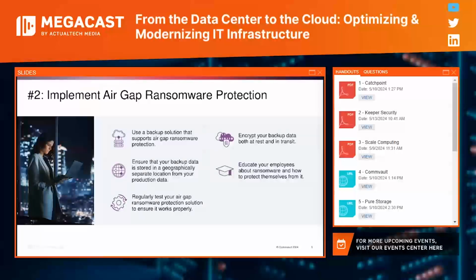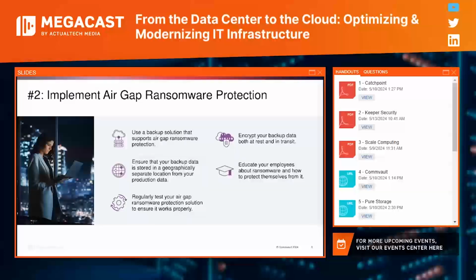This makes it more difficult for ransomware to spread to backups and ensures a clean copy of data is available for recovery. Air-gap ransomware protection is typically delivered as a SaaS solution that can protect both on-prem and multi-cloud data. So this makes it a convenient and cost-effective way to protect your data from ransomware attacks.